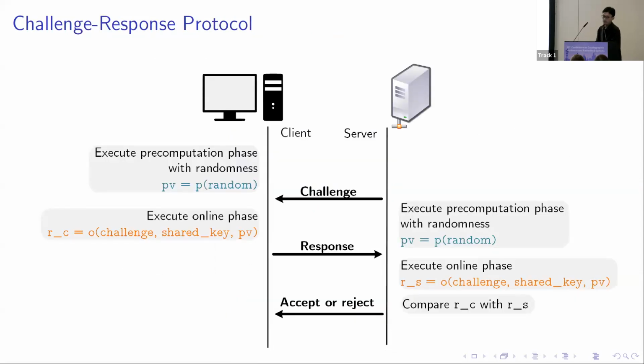Such a paradigm can be used in various scenarios, such as the challenge-response authentication protocol, which is useful in communication technology. In this protocol, the server generates a random value and sends it to the client as a challenge. The client encrypts the random value and sends the ciphertext back to the server as the response. And the server encrypts the random value and checks if the ciphertext is the same as the response.